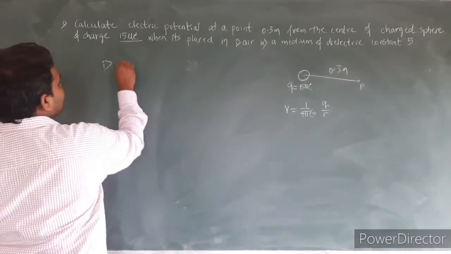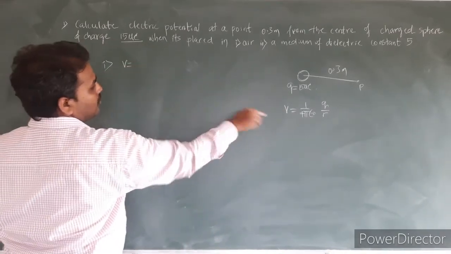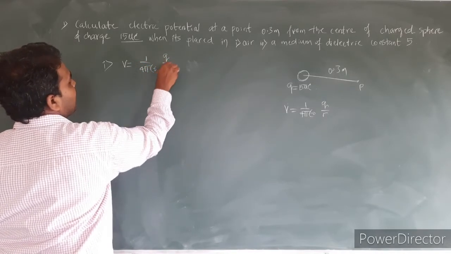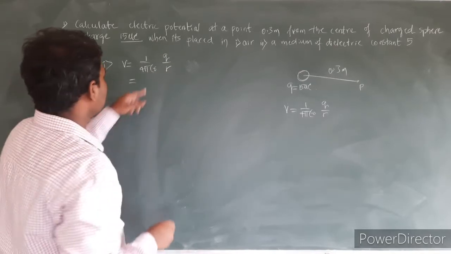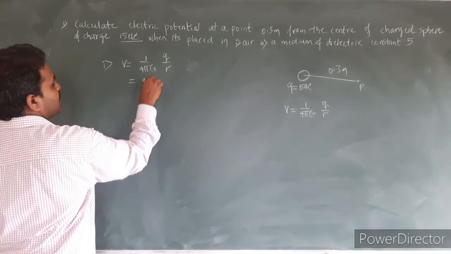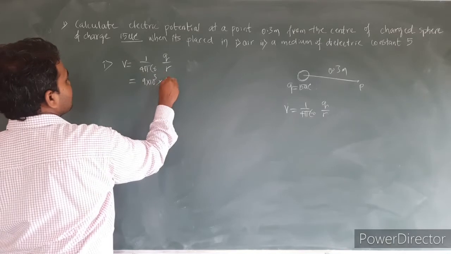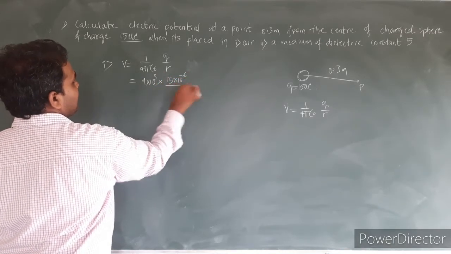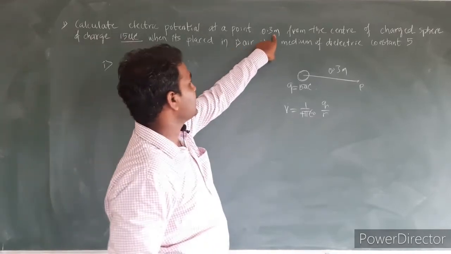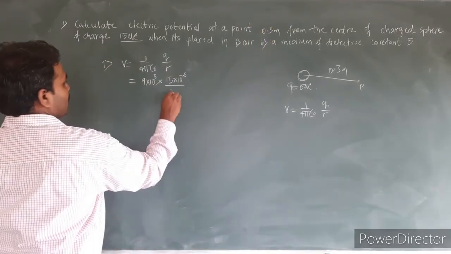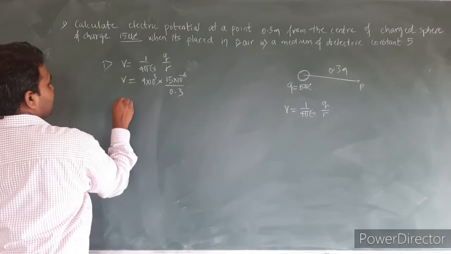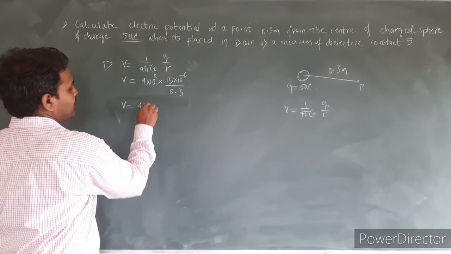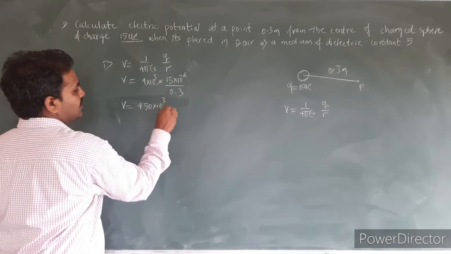By substituting the values, I can write 1 by 4 pi epsilon naught Q divided by R. Here it is 9 into 10 to the power of 9, and the source charge is 15 into 10 to the power of minus 6, divided by the distance, which should be in meters, that is 0.3. After calculating this I get 450 into 10 to the power of 3 volt.